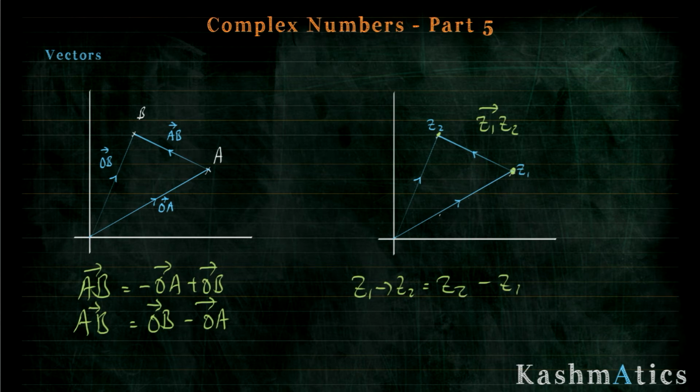So backward along Z1, so minus Z1, along Z2, so that would be a positive Z2. Now this is going to be really important when we do the next part, so please make sure you've understood what's going on over here. So that is the vector that we're after.